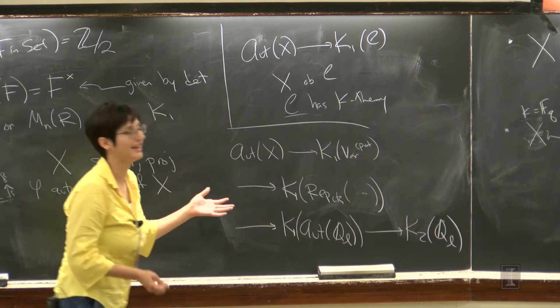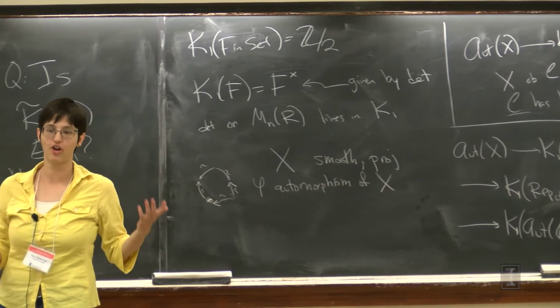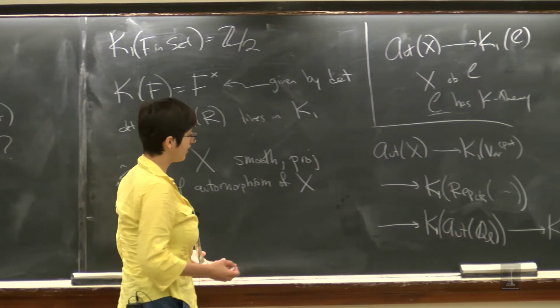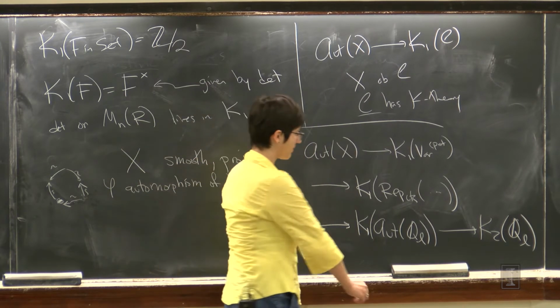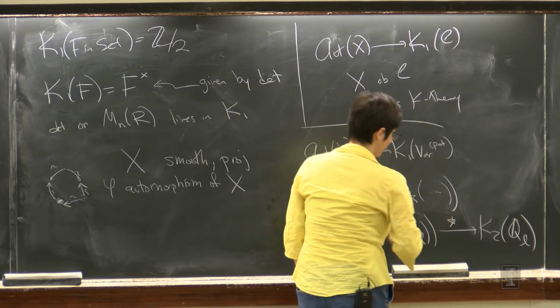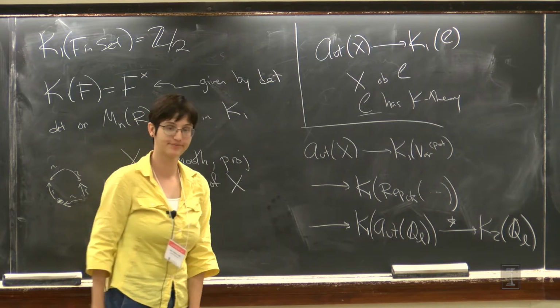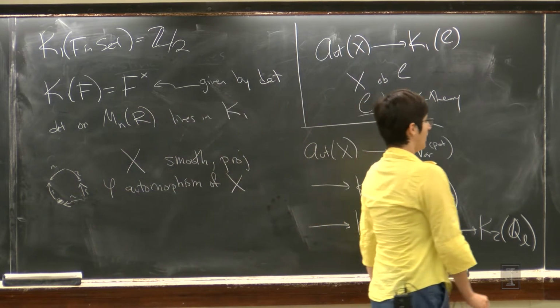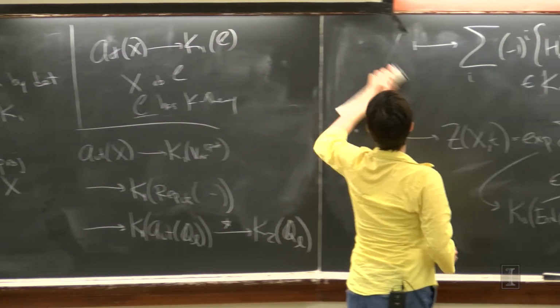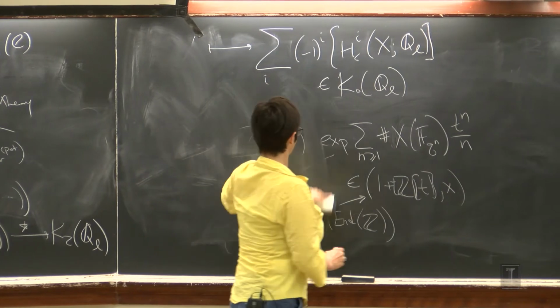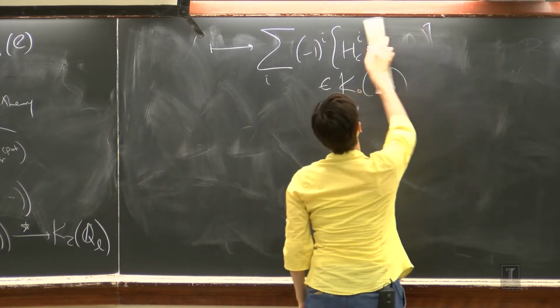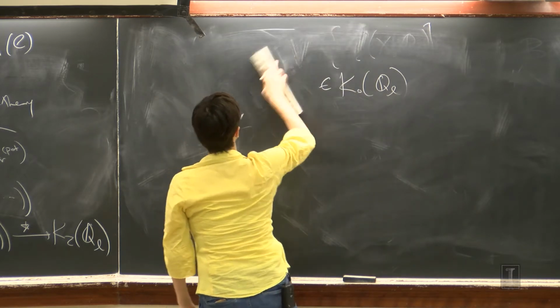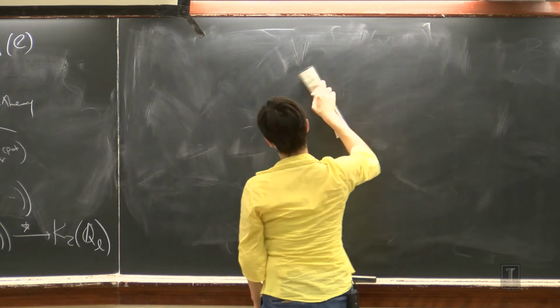And I didn't talk about K2 at all because K2 is hard and complicated. But we do have this map, and it has a nice description, it's called a star product. It also has a Hilbert symbol.